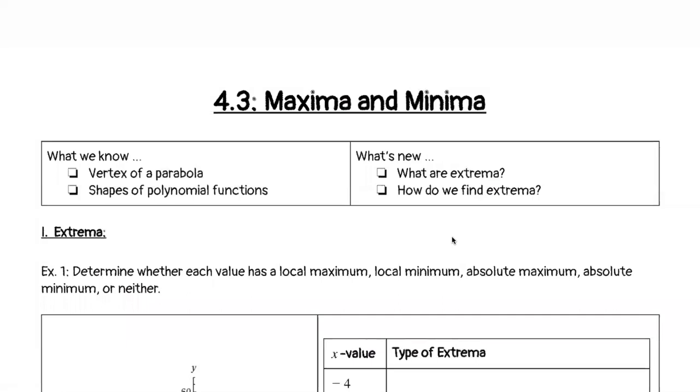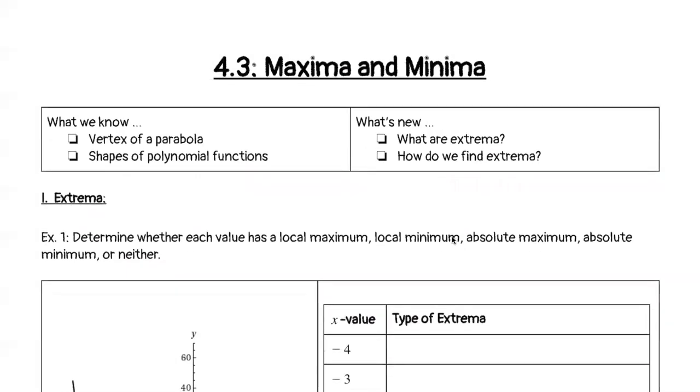In 4.3, we're going to take a look at some definitions and review some ideas that we've maybe seen in the past but haven't been completely clear to us, or that we haven't seen in a while. So 4.3 is titled Maxima and Minima. A maxima is just the plural of the word maximum.